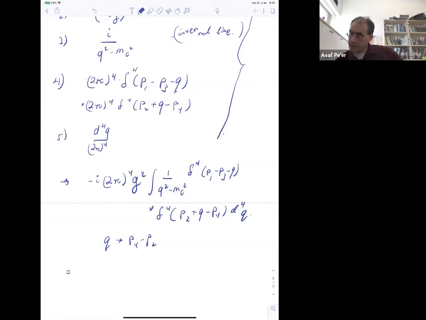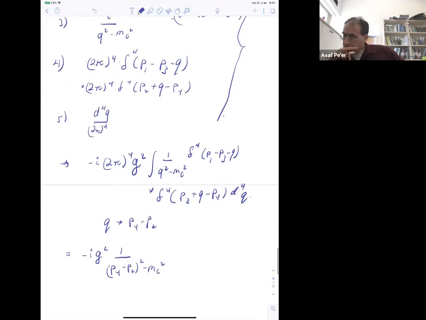And we get minus i g squared times 1 over (P4 minus P2) squared minus mc squared, and then delta 4 of P1 plus P2 minus P3 minus P4 times 2 pi to the 4.